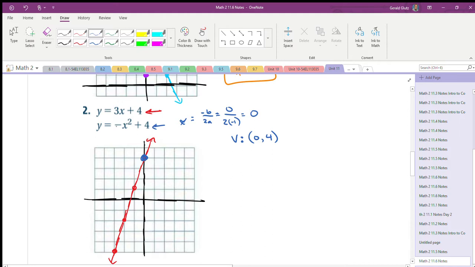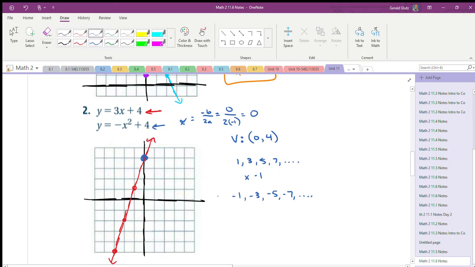So notice that A is -1, which means our graph is going to be going down this time. So our pattern is still 1, 3, 5, 7, but I need to multiply by -1. So 1 times -1 is -1. 3 times -1 is -3, and then -5, and -7, and so on. So these are our average rates of change.